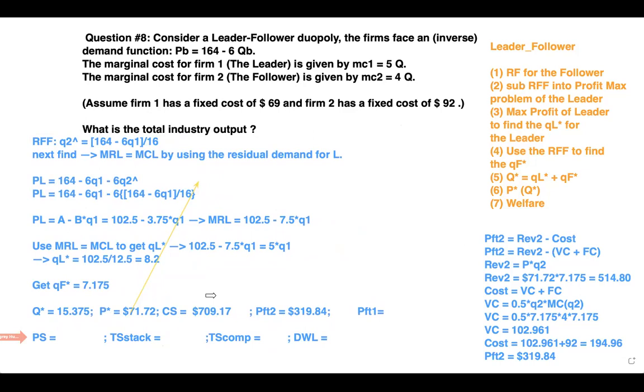Let's see, we'll have Arslan and Devara and Joshua, you want to be in charge of the total surplus under competition? I could try it. Sure. Give it a shot. Come on, where's the confidence?